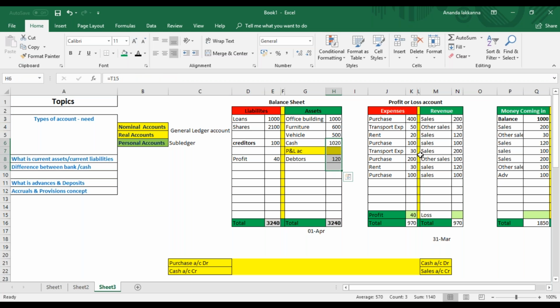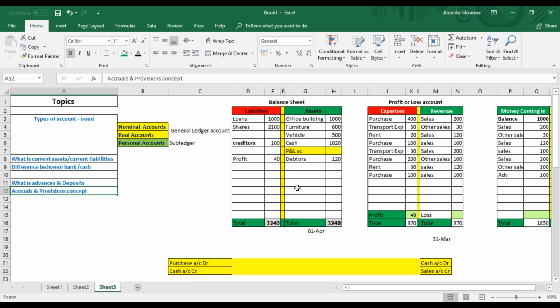Then when you receive some advance for renting out your own building, it's not any income. It will just be in your liability, that you have to give back when they leave your building. This is how advances and deposits will work.